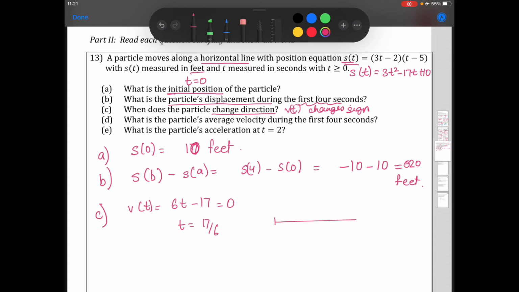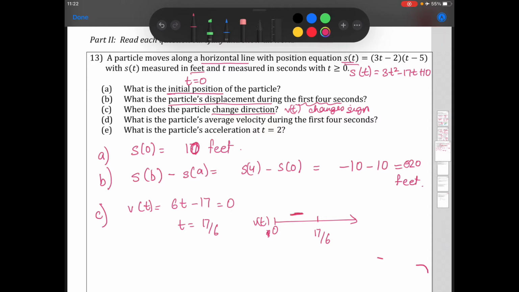I'm going to do my velocity number line. This is my velocity number line. I'm starting at 0, and my other number is 17 over 6. So I'm going to pick a number from each interval. 17 over 6 is 2 point something. Let's say pick 1. If I pick 1, I end up with a negative here.